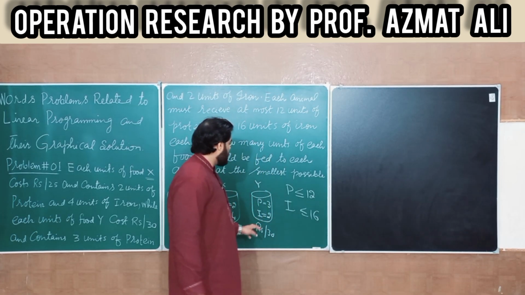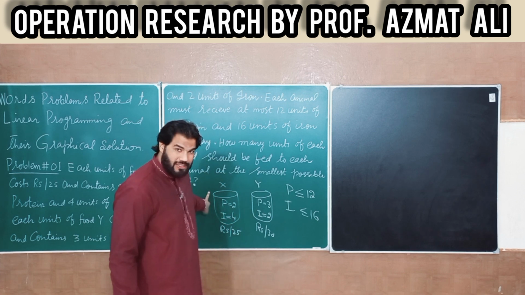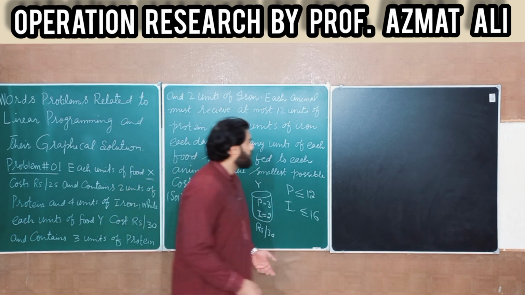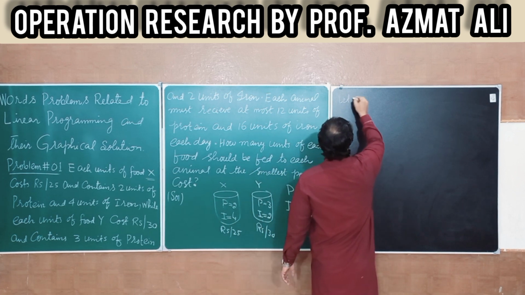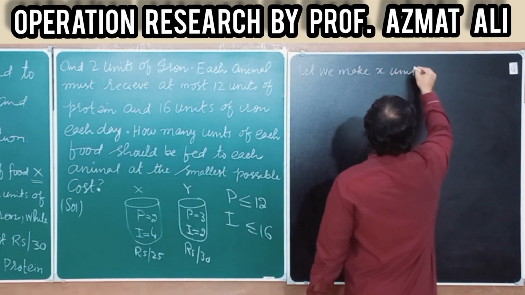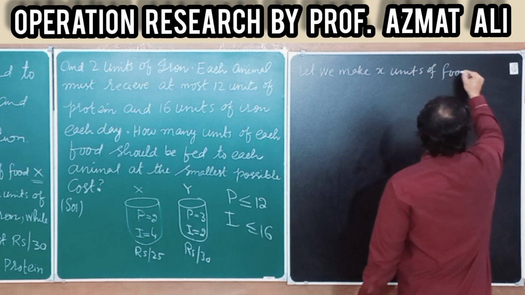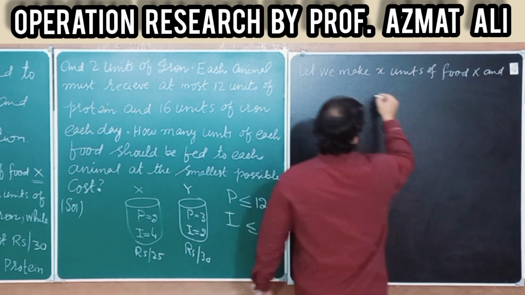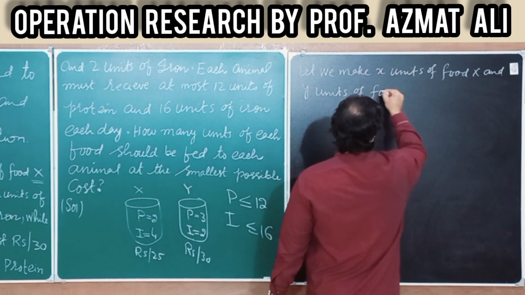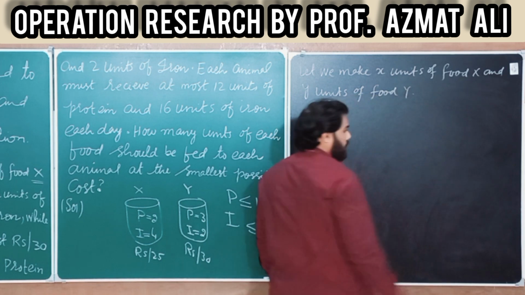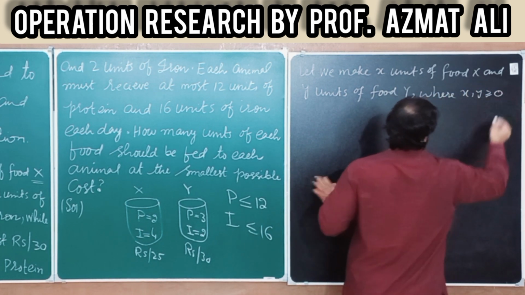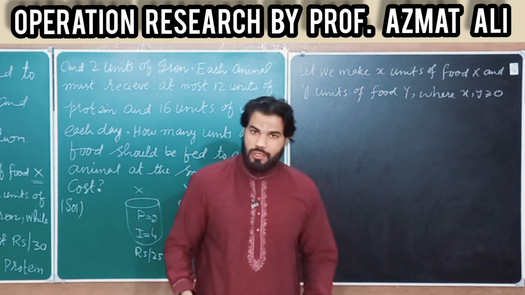We suppose that we make x units of food X and y units of food Y. Then we make the linear programming model as: let we make x units of food X and y units of food Y, where x and y are greater than or equal to 0, because x and y represent numbers of units and the number of units cannot be negative.